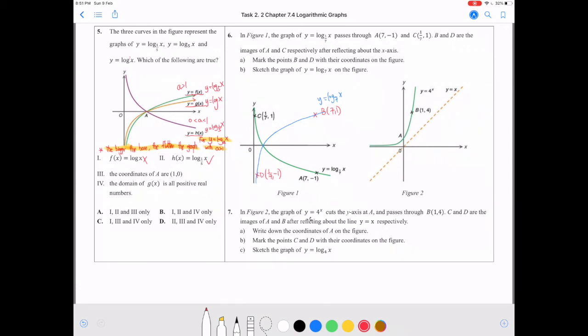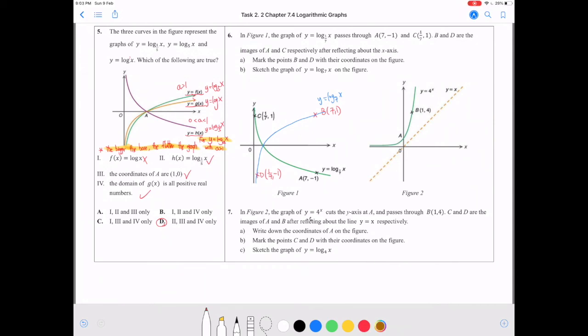We know all log graphs pass through (1, 0), right? So this is correct. Number 4, the domain of g(x) is all positive real numbers. The domain of logarithmic functions is all positive numbers. It is correct. Therefore, the answer should be option D.